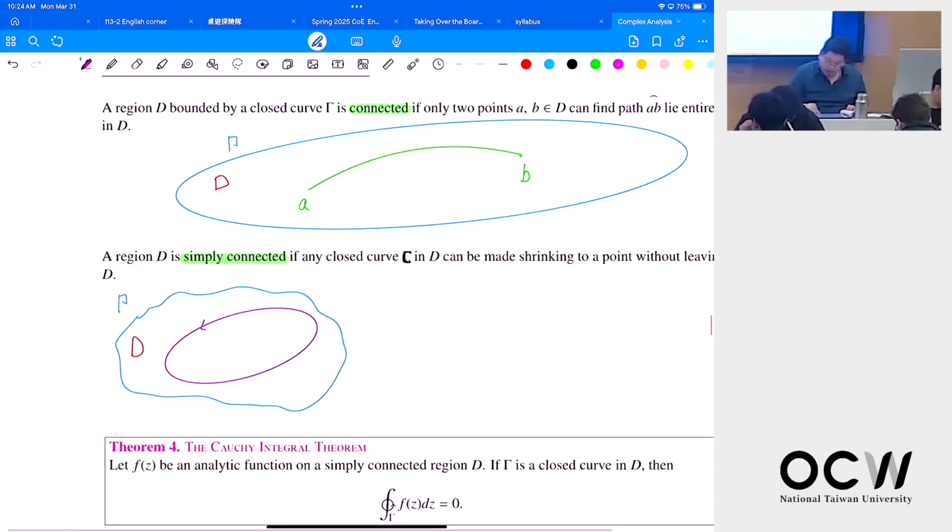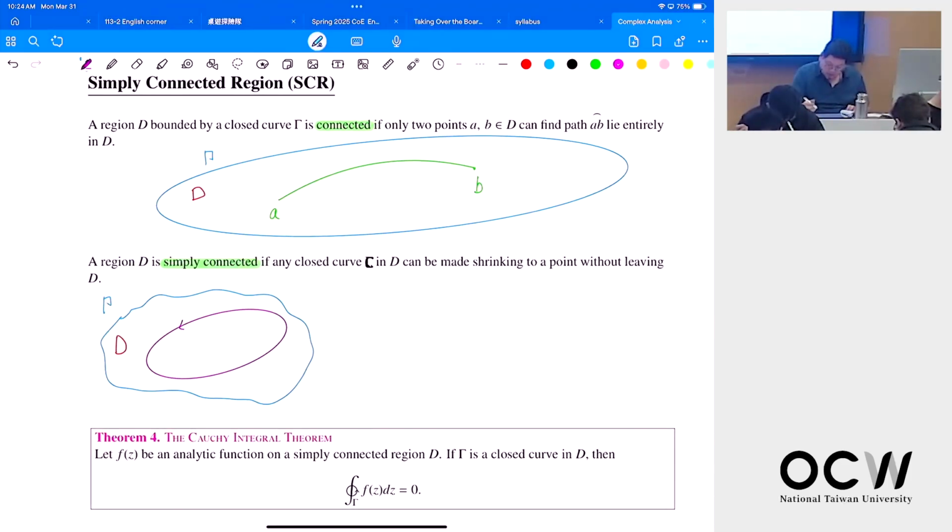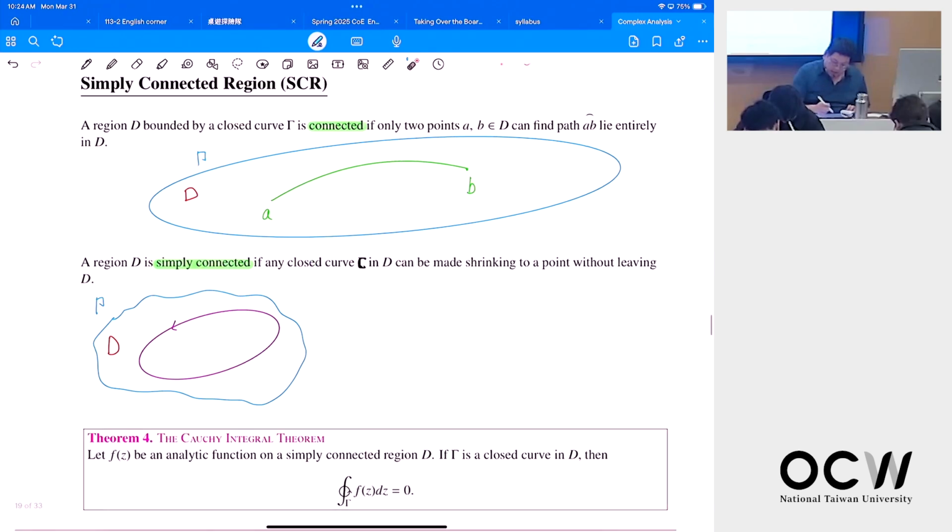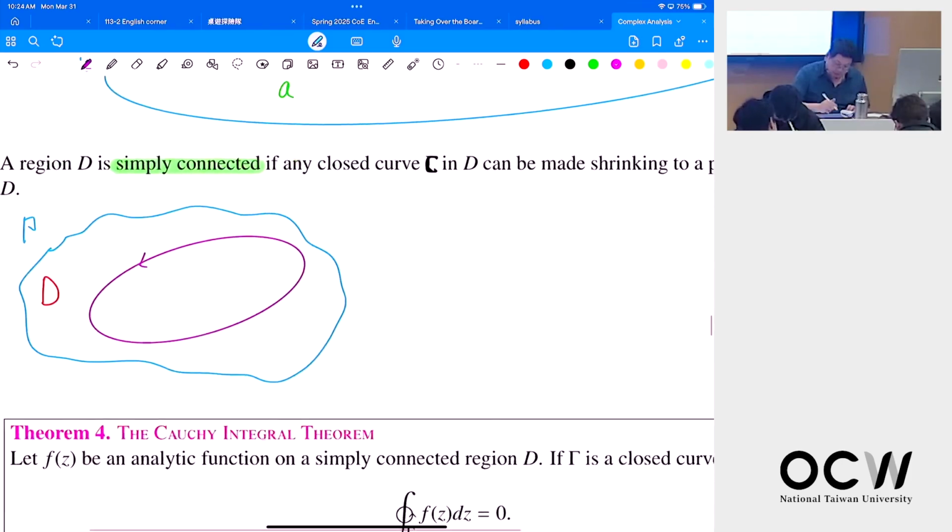And it can be shrunk to a point. So this closed curve can get smaller, smaller, smaller. And finally, I have a point that is still in the region D. Then it is called simply connected.